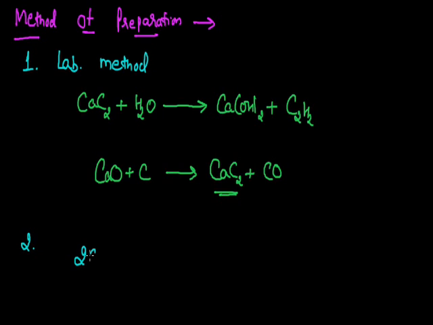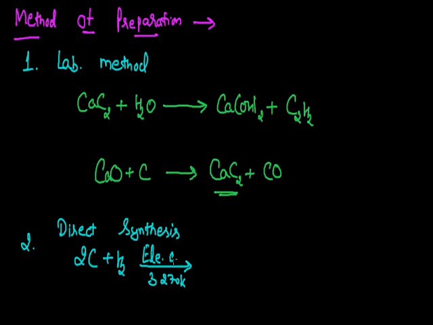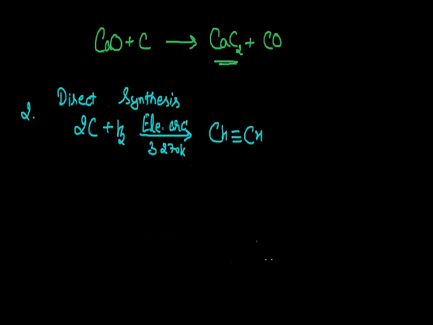If I start by taking two atoms of carbon and react them with hydrogen, by the direct reaction, that can be termed direct synthesis, it occurs in the presence of an electric arc, and the temperature generated at that time is approximately 3270 Kelvin. So in the presence of an electric arc, these two combine and the formation of acetylene occurs. So that's another method to prepare this compound.